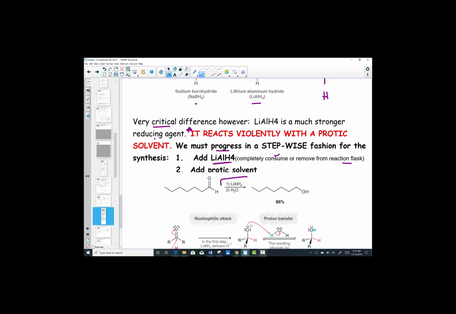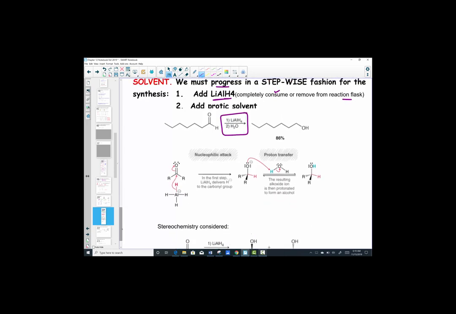You're going to see very clearly step 1, add lithium aluminum hydride. And that step 1, just as you remember, is the hydride transfer, where we turn the sp2 into the sp3 carbon. So again, very similar. Here's the aluminum tetrahydride, the AlH4 negative.